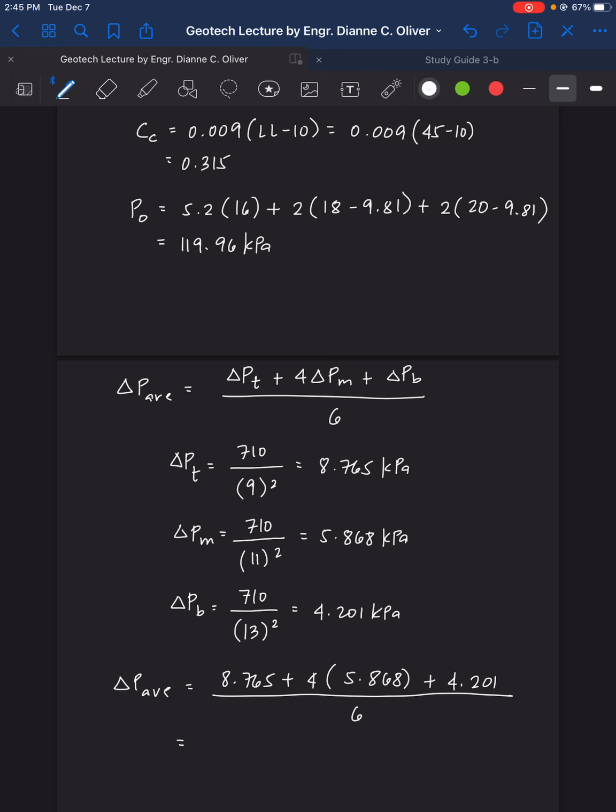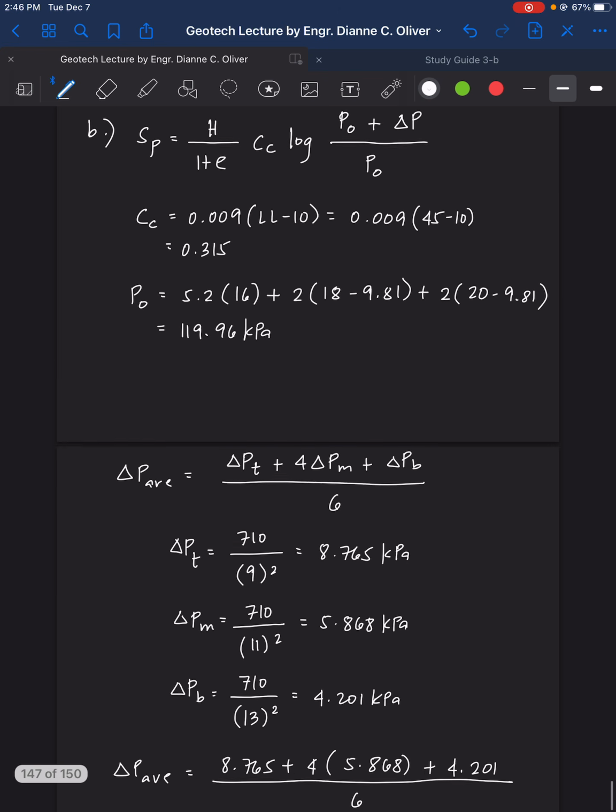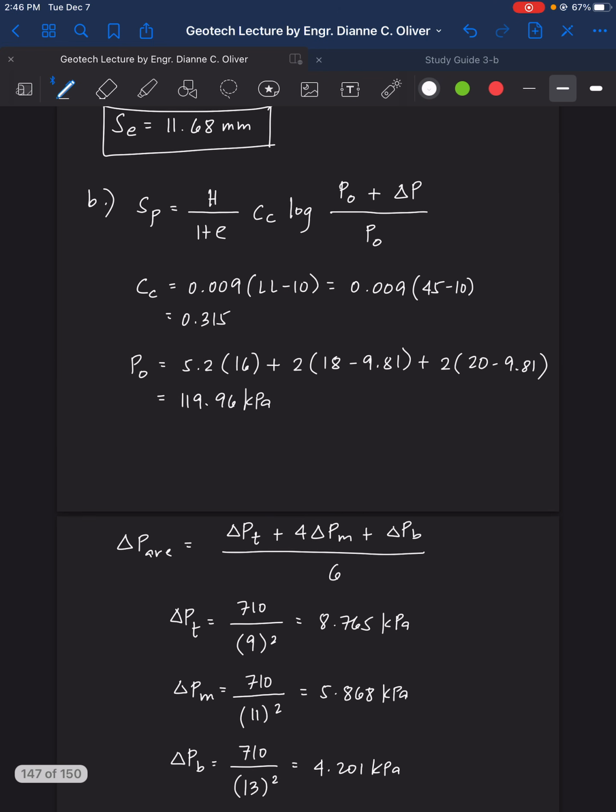So delta P average is now equal to 6.073 kilopascal. Now we have all of this for our formula.